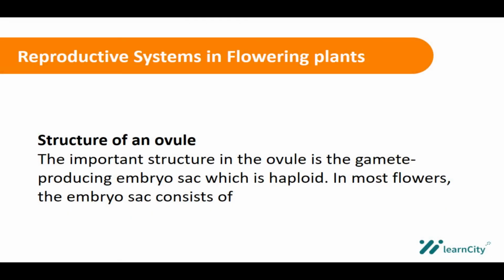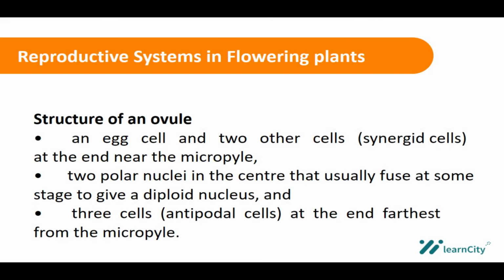Now, the most important structure in the ovule is the embryo sac, which produces the gametes, and the embryo sac is haploid. In most flowers, the embryo sac consists of the following things: an egg cell and two other cells, which are called synergid cells, at the end near the micropyle.